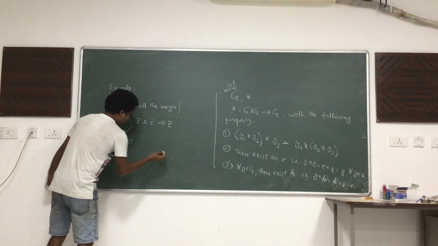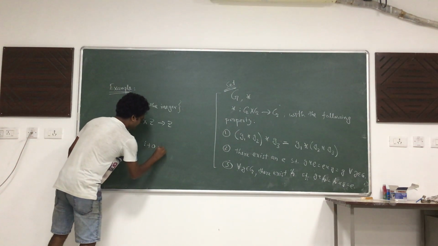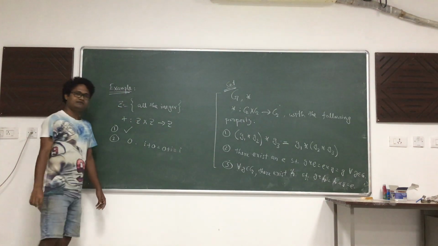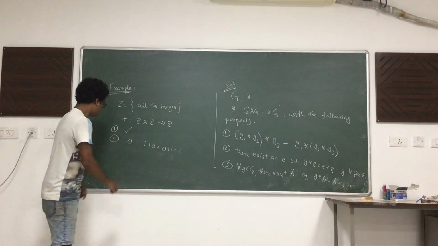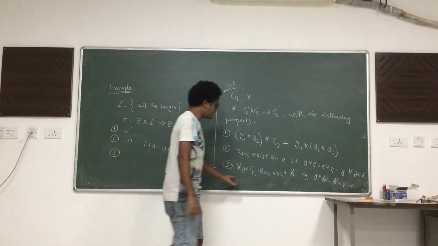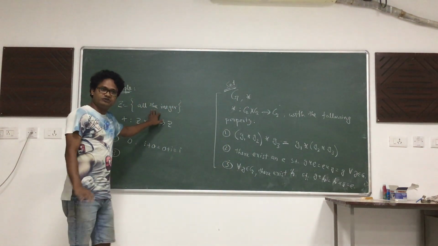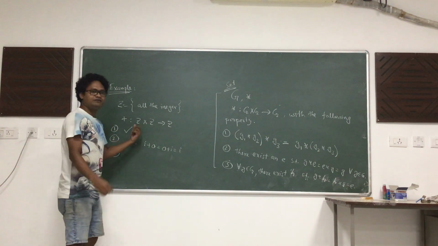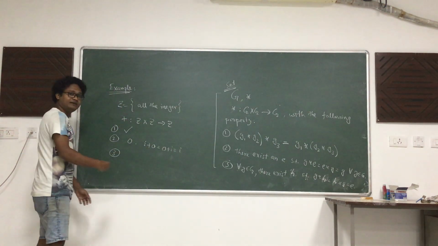Because any integer, let's say i, plus 0 is equal to 0 plus i is equal to i. So 0 plays the role of identity. Third is existence of inverse. Since we have taken both positive and negative integers, for every integer we have a minus of that, and that plays the role of the inverse.